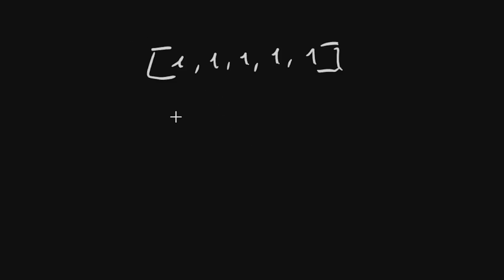And for those who don't know, let's refresh the formula of combinations. NCR equals n factorial over r factorial times n minus r factorial.